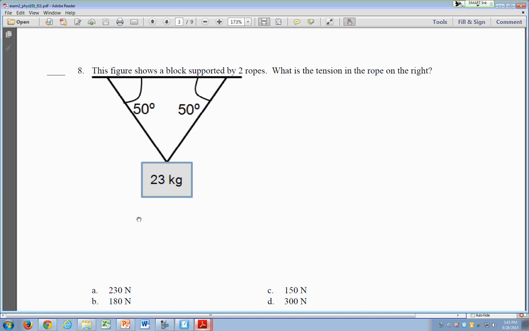If you do see one of these, just remember that the tension on both sides are the same, right? Because of the symmetry with the angles. And then I have two y components here.